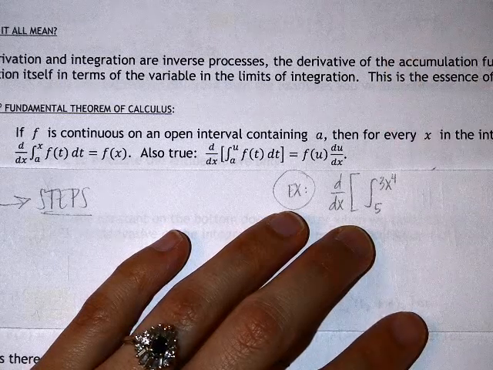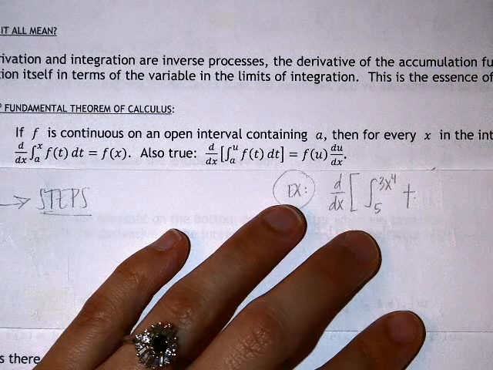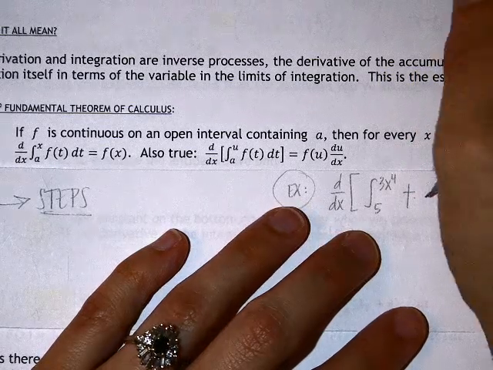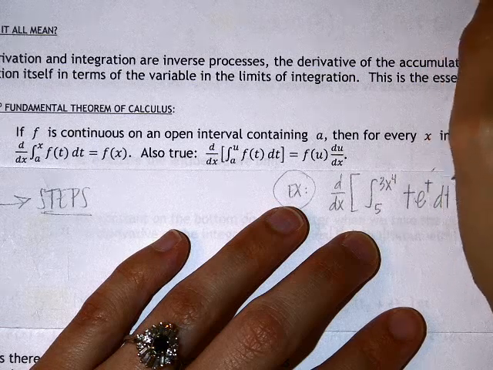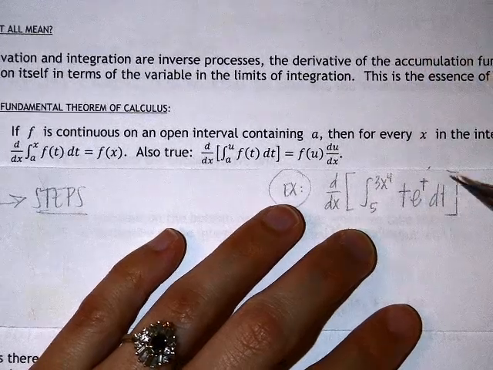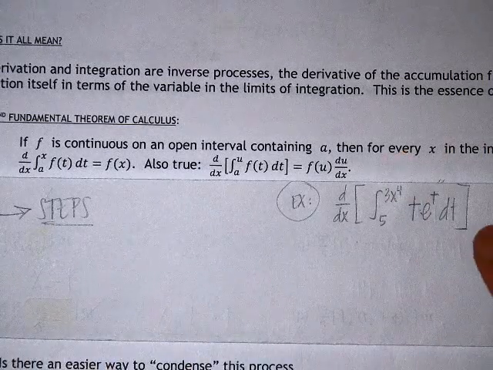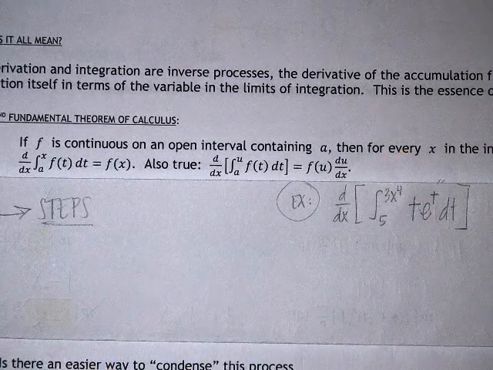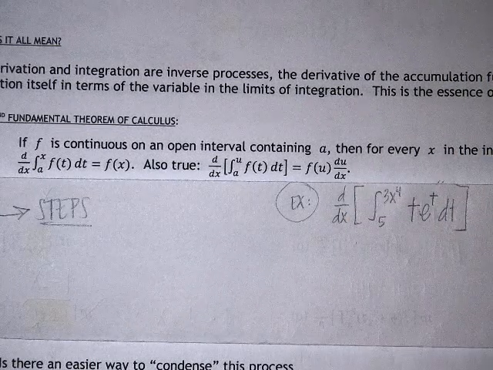And then I'll just make up a random function: t times e to the t dt. So we'll just throw lots of stuff in this example, just so that way it looks crazy and we can make sense of things, knowing that this is going to be a good template for all sorts of possible situations.